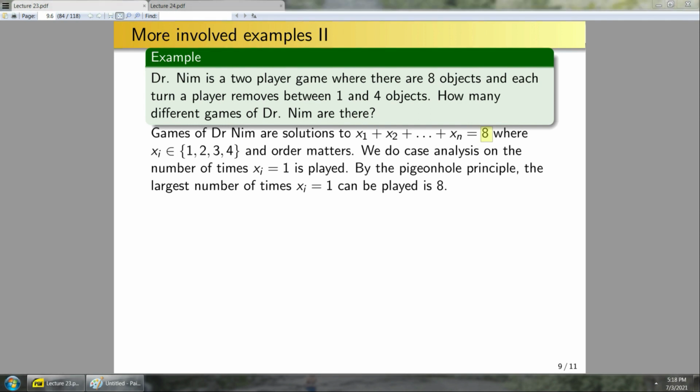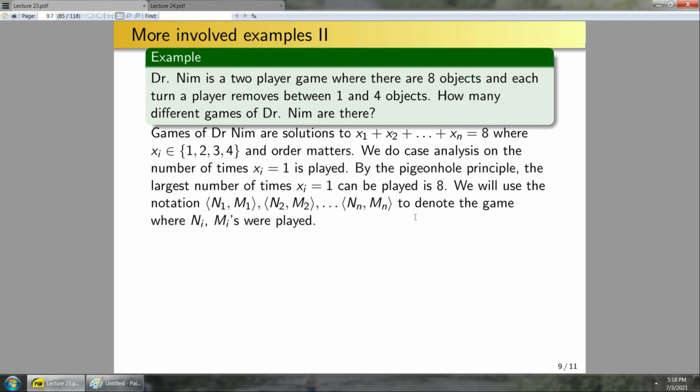Now in what follows, I'm going to introduce a notation just for this problem. I'm going to use these ordered pairs n1, m1, n2, m2, etc., to denote the game where these combinations were played. To be explicit, the game where the first player picks a 4 and then the second player picks a 4 would simply be denoted by 2, 4, because in the game, 2 number 4s were picked.